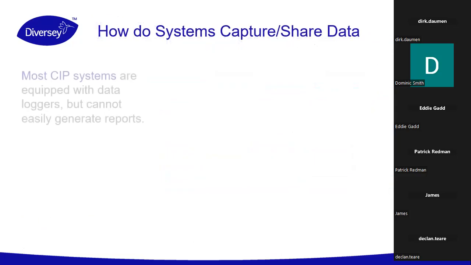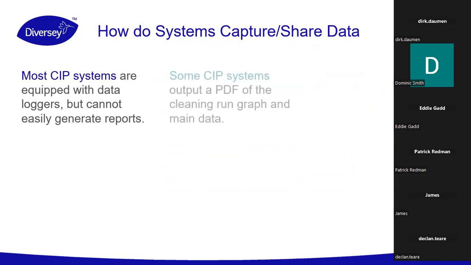Now, some CIP sets, and not all, are equipped with a data logger, but you cannot easily generate reports from it. It gives you the data, but in some instances, that data is only available while the cleaner is going on. As soon as the cleaner is finished, that data is lost for the older ones. Some CIP systems will output, say, a PDF of the cleaning run graph and the main data to say how long everything took.